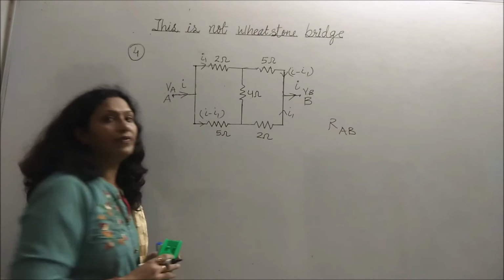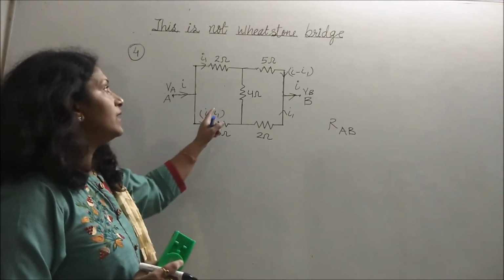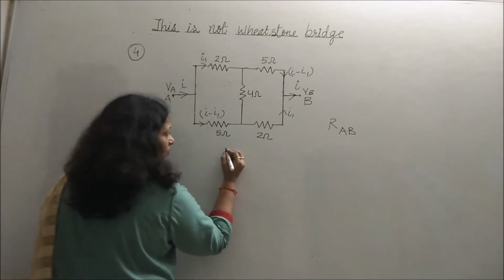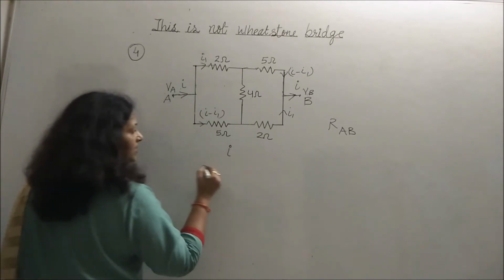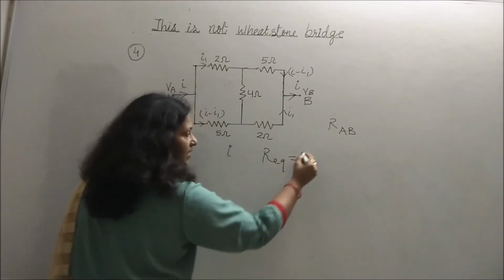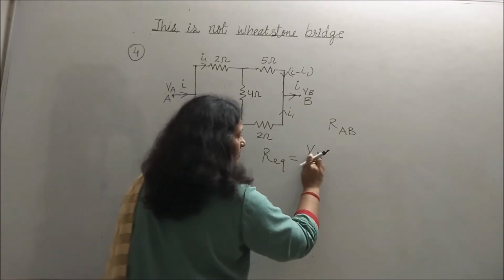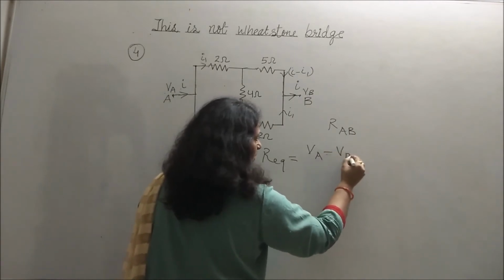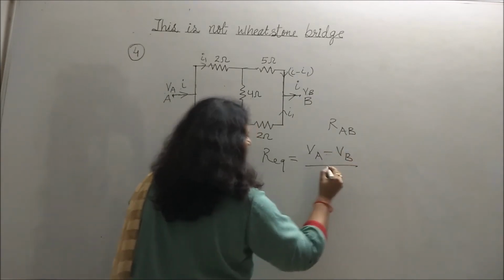Okay. Now we have to apply KVL in this circuit to find the value of I. Because our R equivalent would be nothing but VA minus VB divided by the current.